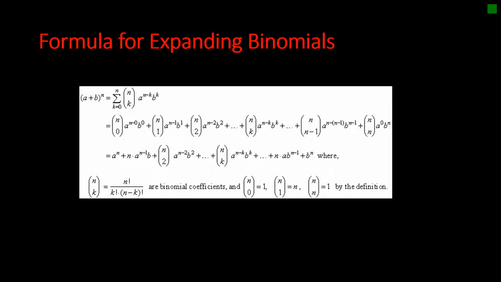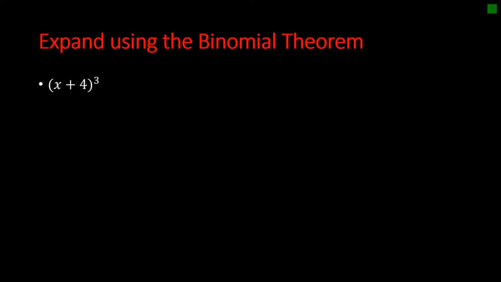Okay, now we said that it mirrors Pascal's triangle. So if you know the first 4 or 5 rows of Pascal's triangle, then you can just list those coefficients down and not have to find them every time. And then we just talked about how to get the powers of a and the powers of b. So let's look at an example.